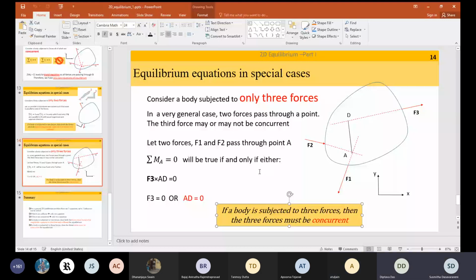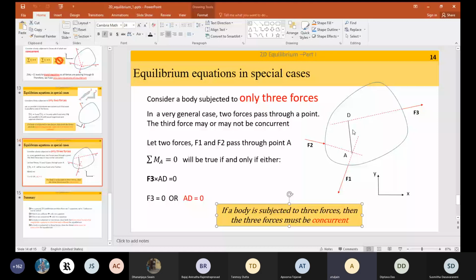Sir, in this case, can you repeat once again? Okay. So basically, I am saying that let us say two forces are passing through A, one is not passing. Let us take moment about point A. Summation Ma is equal to 0 for equilibrium. Now F2 is passing through A, F1 is passing through A. So the moment about point A is F3 into AD, or AD cross F3.